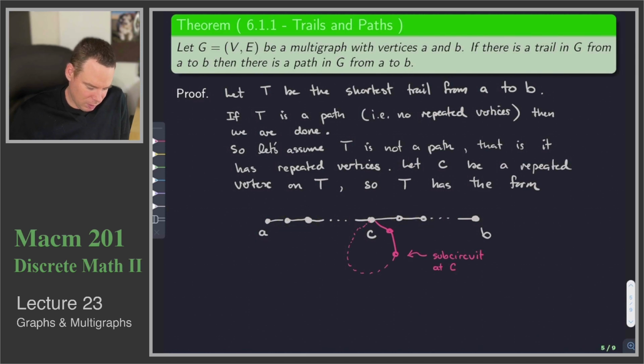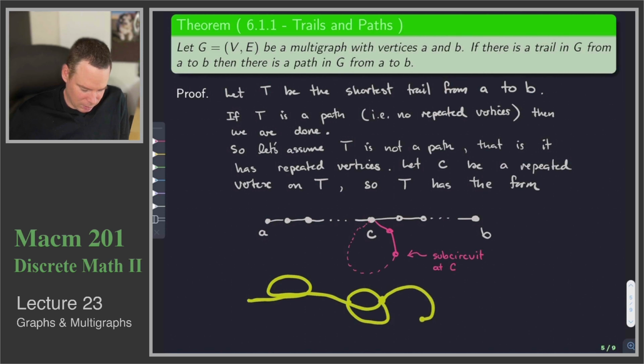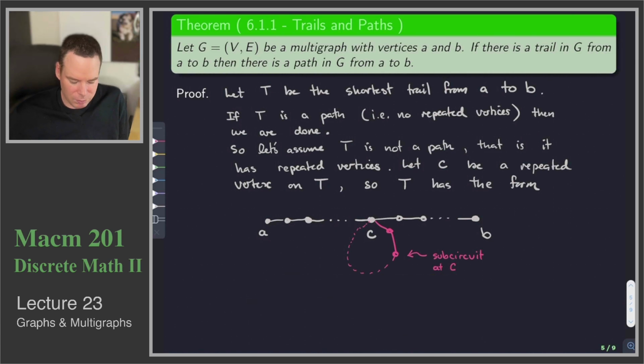We could be traveling along itself again before we hit C for the first time, and then looping around, traveling along portions again, and then coming back to C eventually. The point is that we've hit C, we go on a little bit more of a walk, we come back to C again. And so what can we do at this stage?